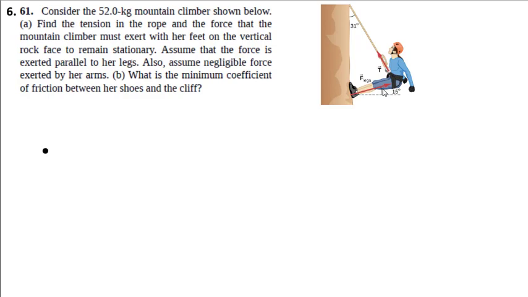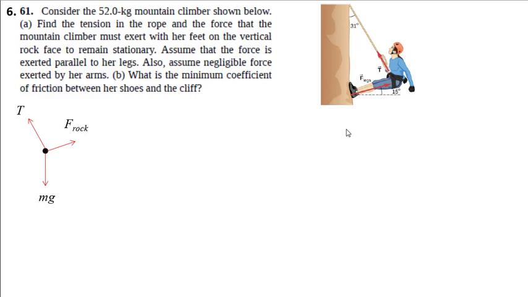So let's draw a free body diagram. There's the mountain climber. We're on Earth, so we always have mg pulling straight down. That's the force of gravity. The tension is going up at this angle, okay, just like that. And then the rock is going to exert a force on her in this direction, okay, because they're saying assume that the force is exerted parallel to her legs, so we're kind of up in this direction.